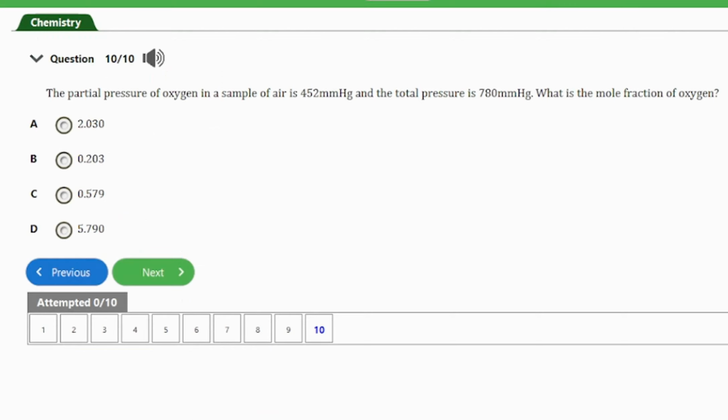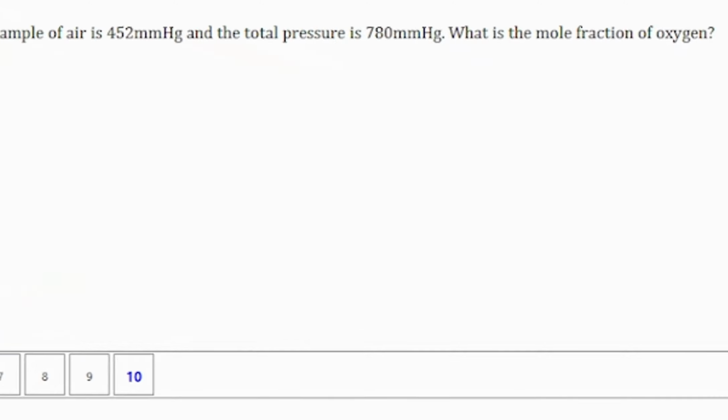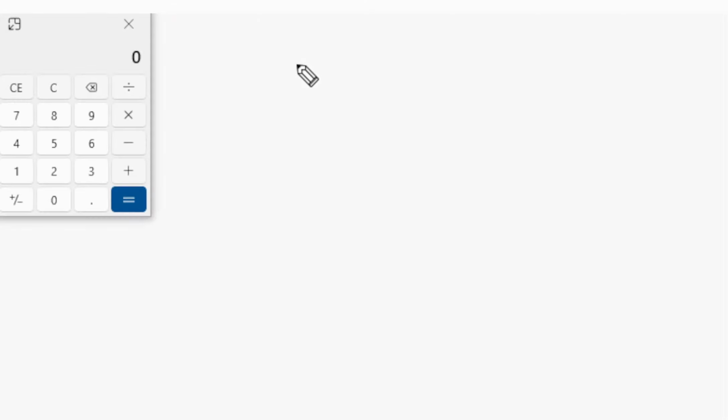Question number 10 here, it says, the partial pressure of oxygen in a sample of air is 452 millimeters of mercury, and the total pressure is 780 millimeters of mercury. What is the mole fraction of oxygen? So guys, for this, we're also going to simply zoom into our workspace here and just do this together.